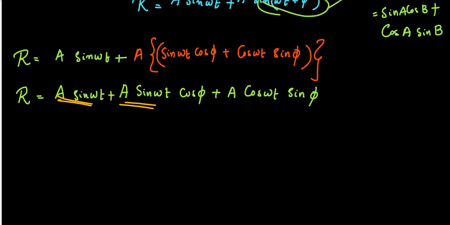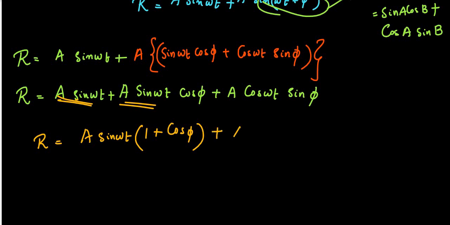Taking those common terms outside, the resultant displacement will become a sin omega t into, here we have only a sin omega t so 1, plus here we have cos phi. So r is equal to a sin omega t (1 plus cos phi) plus a cos omega t sin phi. That is the simplified equation.